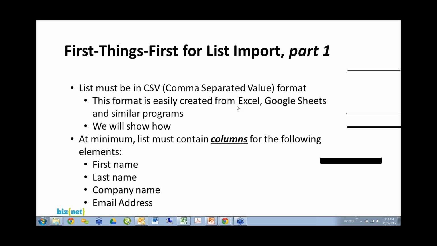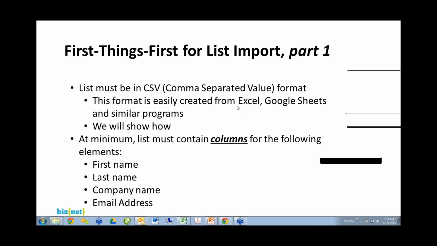One thing to keep in mind, especially for SharpSpring, is that when you are importing a list, you must have columns for these four items. You must have a first name column. It doesn't necessarily have to be called first name, but you must have a column to contain the imported person's first name, a column for their last name, a column for their company name, and a column for email address.